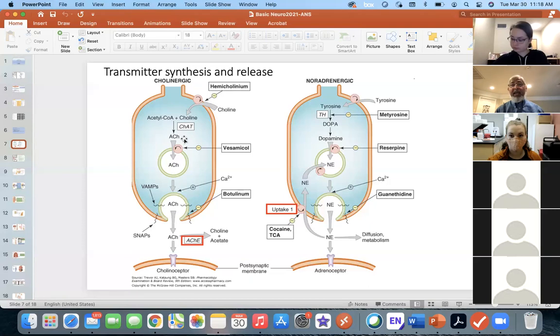Or you can enhance the action of the neurotransmitter by, say, if you use cocaine, okay, cocaine will inhibit the reuptake of norepinephrine, which means norepinephrine will be in the system for a longer time, so you will feel excited. Okay, now if you want acetylcholine to work longer, you block this enzyme, so that acetylcholine will keep working for a long time. Okay.